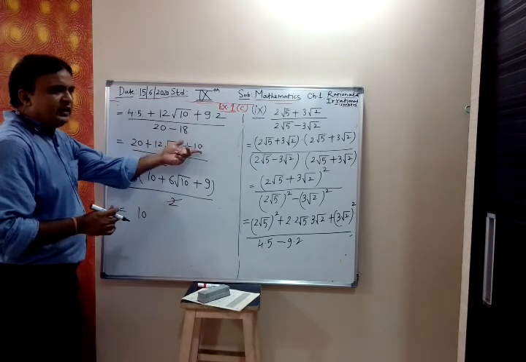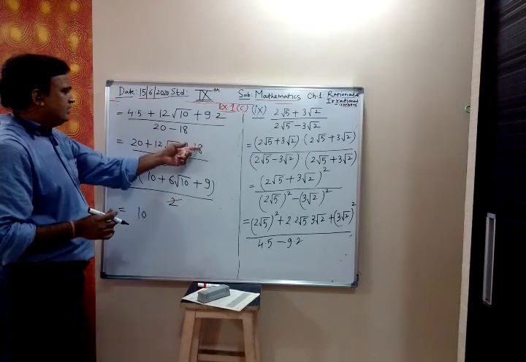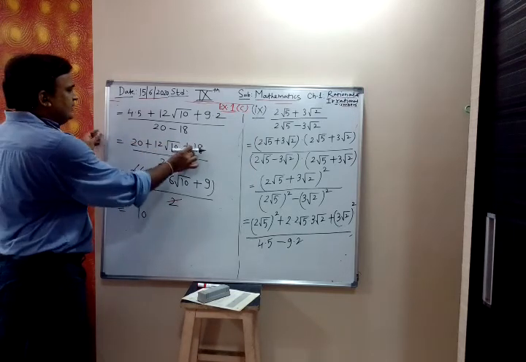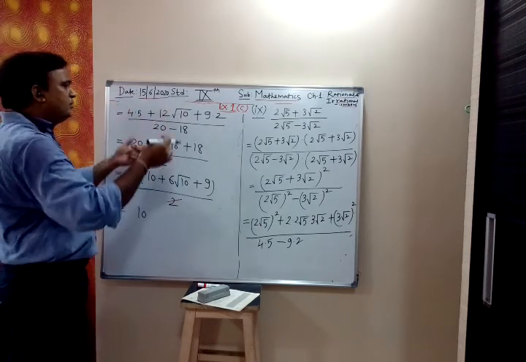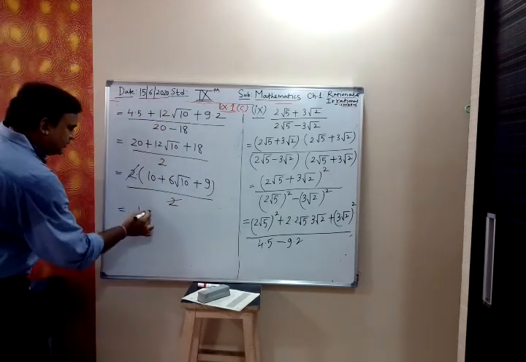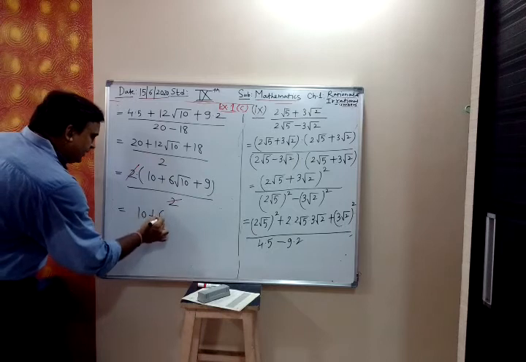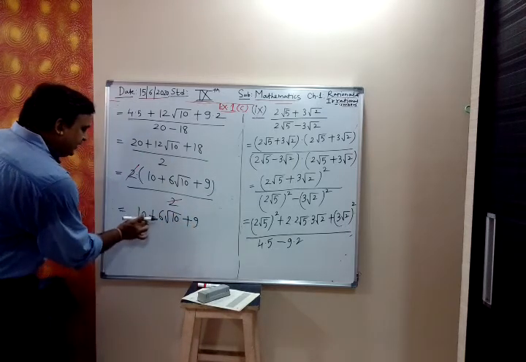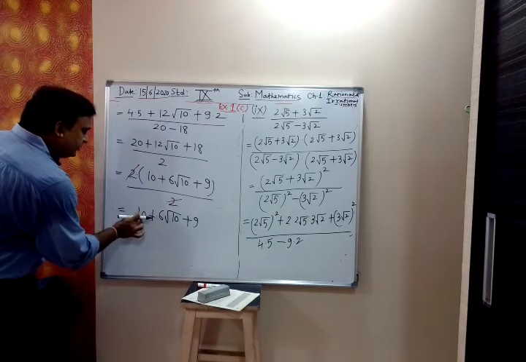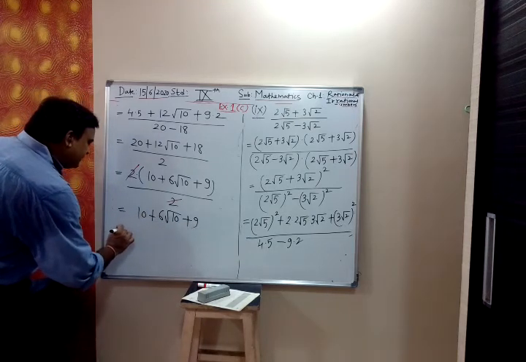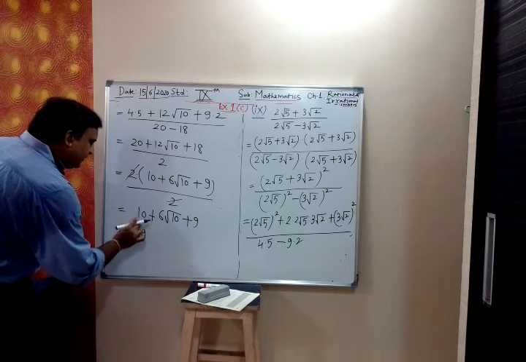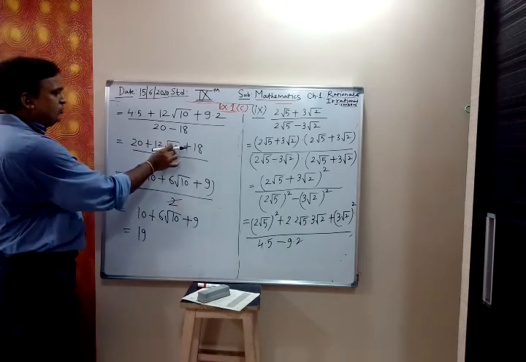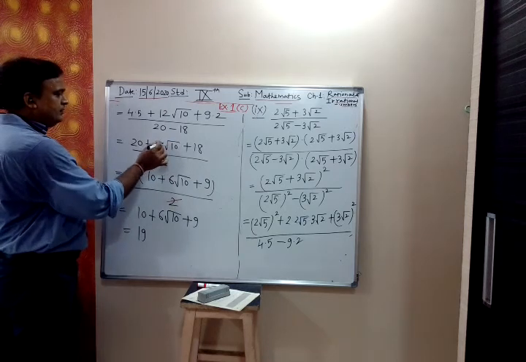You can also add 20 plus 18, 38, and then take 2 common, no problem. So 10 plus 6 root 10 plus 9. Now 10 and 6 root 10 I cannot add. So 10 plus 9, 19. From root 10 I will not take 2 common, it is multiplication.